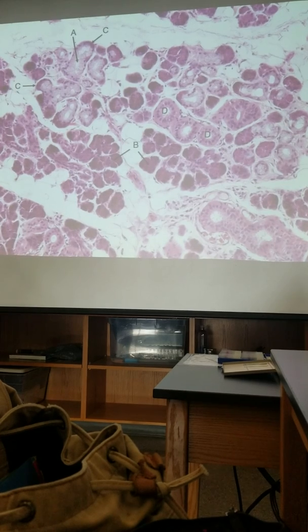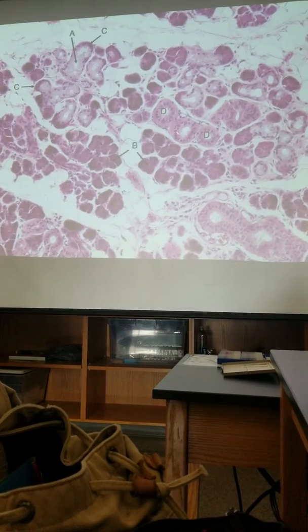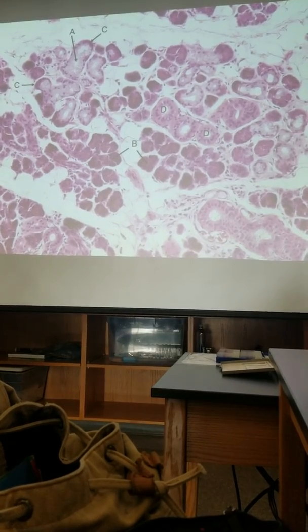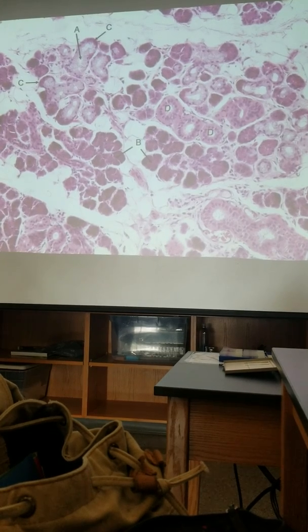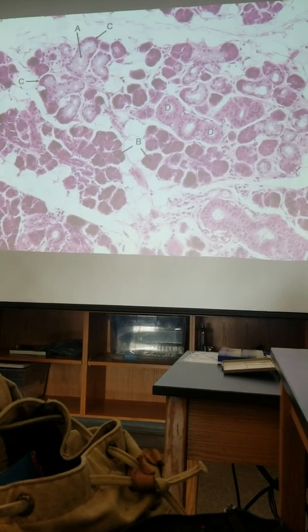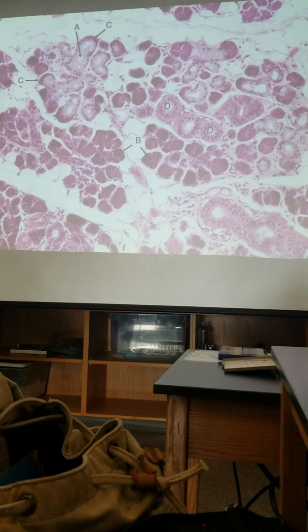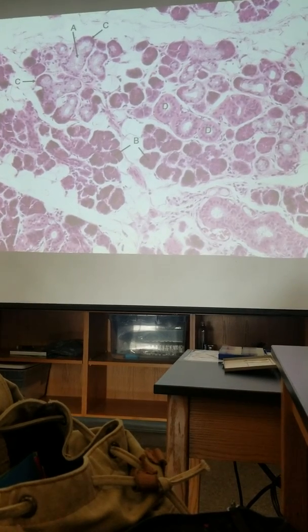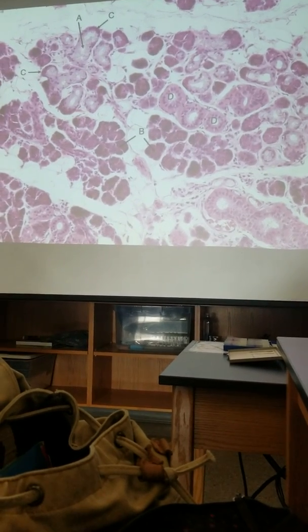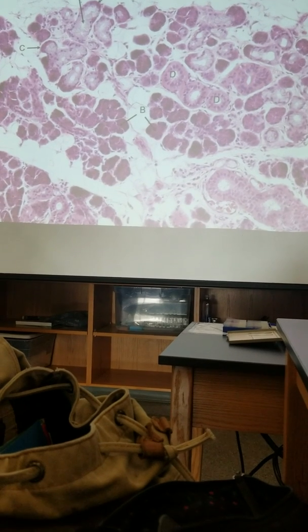So if you were to describe it further, what would you guess this duct would be? It's probably striated, but you really can't tell unless I gave you a higher mag image. So any kind of duct, you'll say? Any kind, well, there's a few answers. You could say intercalated, you could say intralobular.